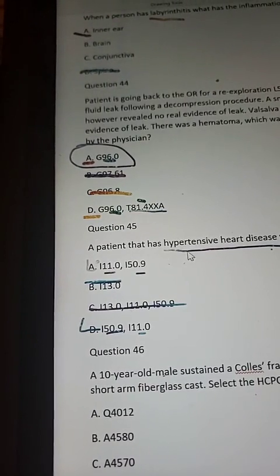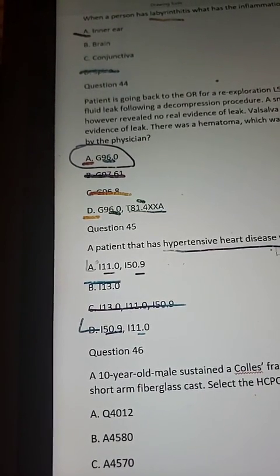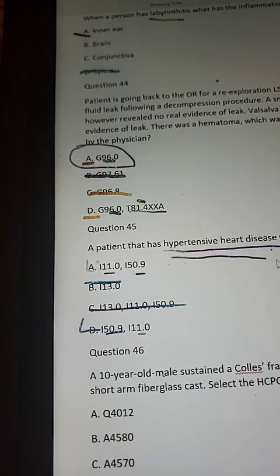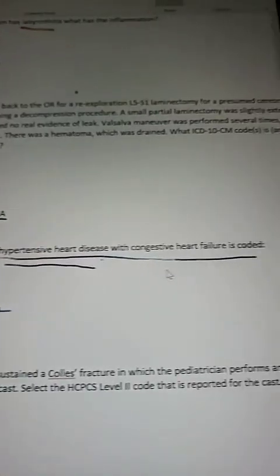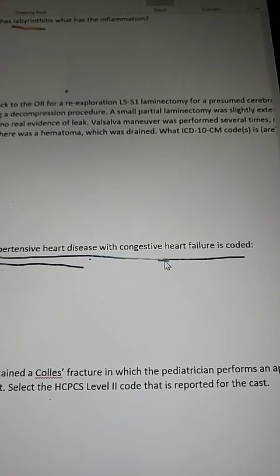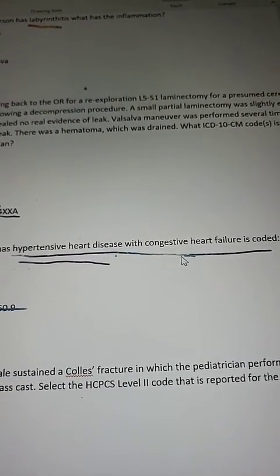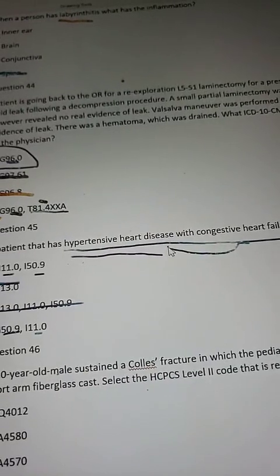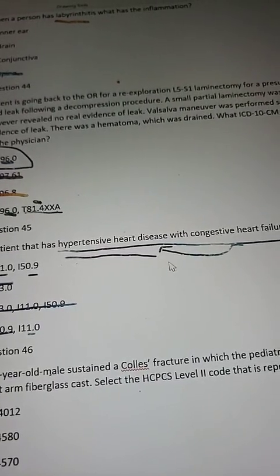Based off the guidelines for hypertensive heart disease, we are definitely going to code the heart disease first, because it's the congestive heart failure. You don't end up with just congestive heart failure for no reason. You have to have a reason why it's secondary due to the heart disease.